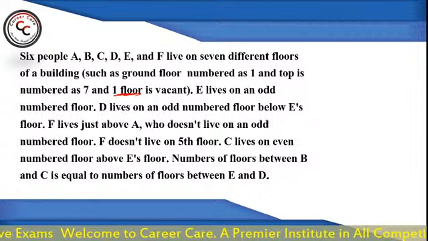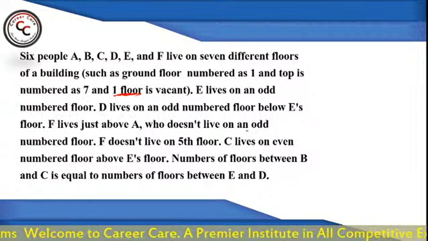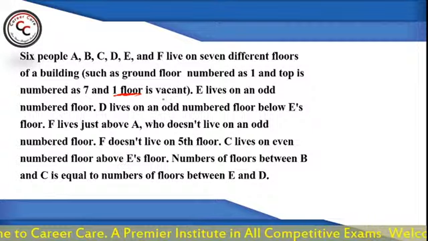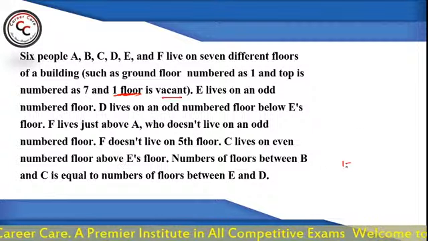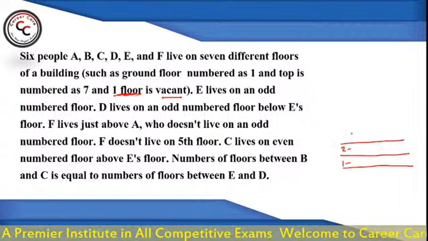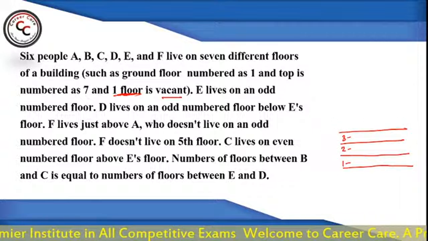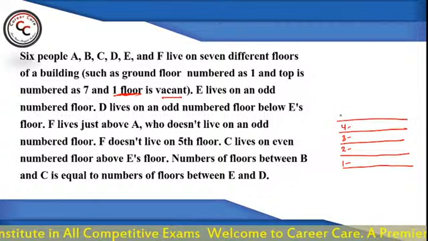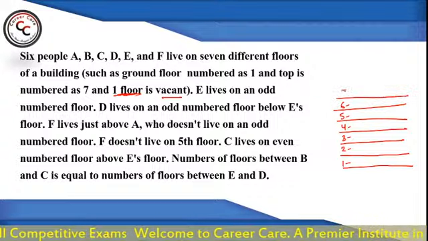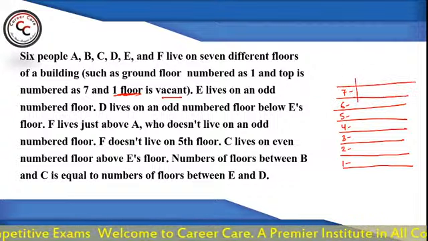Make sure that this is 1 floor, not first floor. So I have 6 people, 7 different floors, and 1 floor is vacant. Remember that. So let me take the fixed parameter as floors: 1, 2, 3. These kinds of questions are a little bit tricky, important, as well as a little bit confusing also. 7 are the floors.